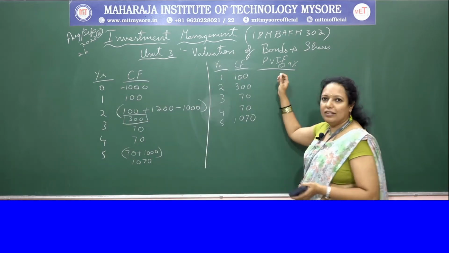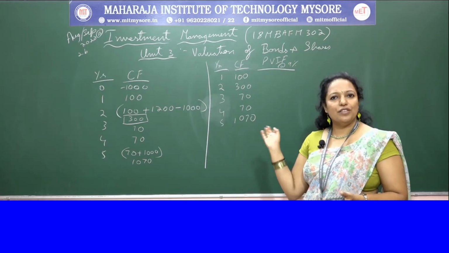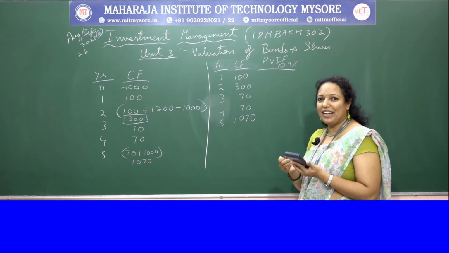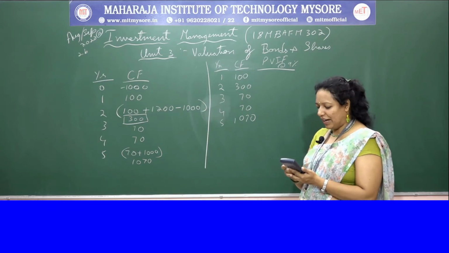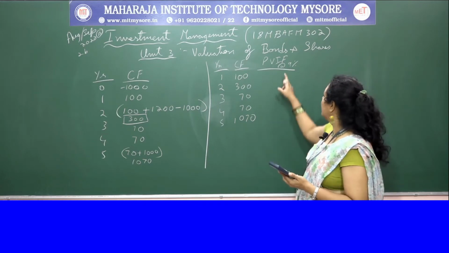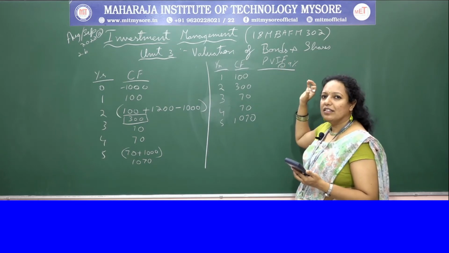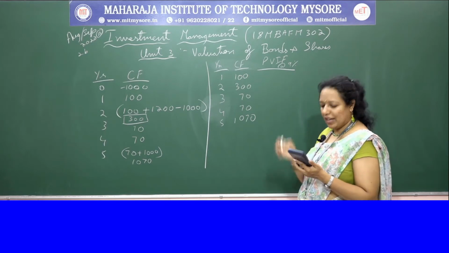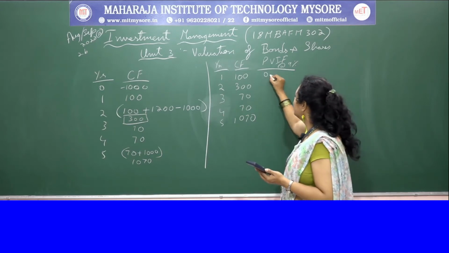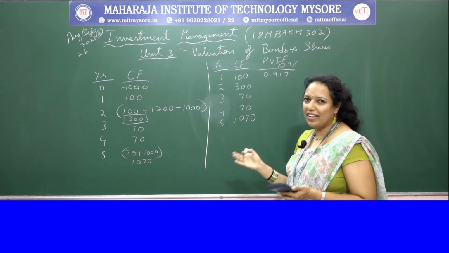So here I'll be taking the values. I've already taken the values from the textbook table, so I'll be directly writing the values. If you want, you can also calculate. For example, for the first one, I'll help you out. 1 divided by 1 plus r, that is 1 divided by 1 plus 0.09. So you get 0.917. If you have the regular calculator, if you just press equal, you get the remaining.